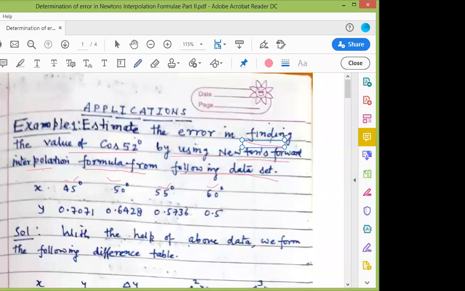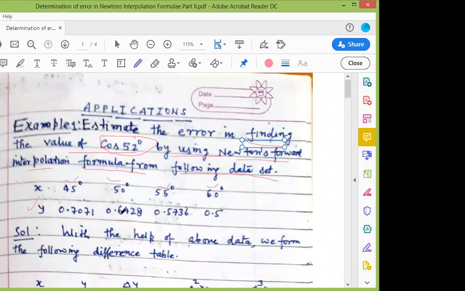Then Y is the value corresponding to these angles. The problem is the value of cos 52 degree by using Newton's forward interpolation.